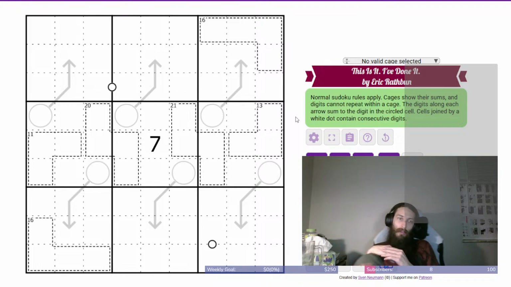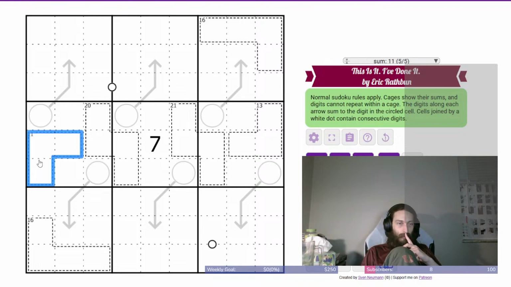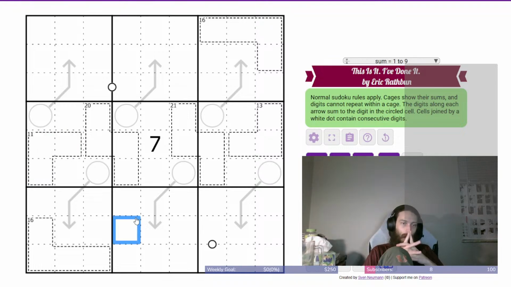Alright, well, the only cage that really restricts anything is our 11 cage over here on the left. It can't have a 9 in it.